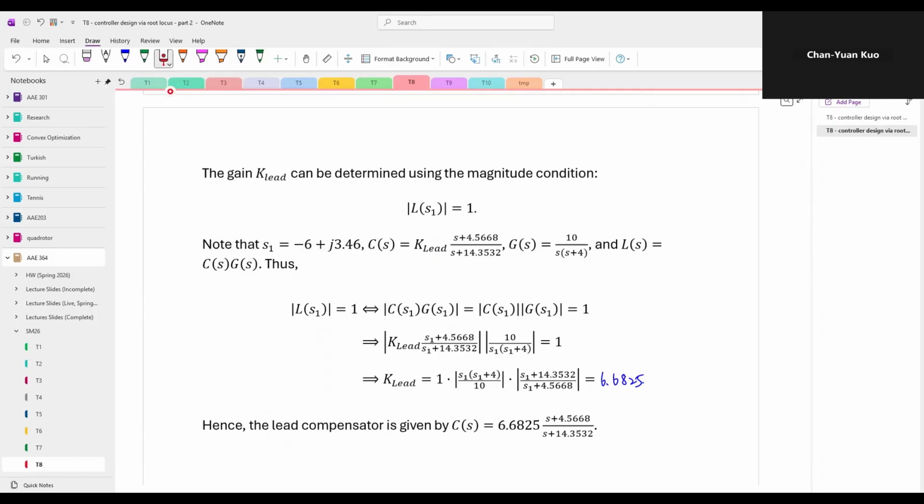Therefore, the lead compensator consists of a gain of 6.6825 and a zero at negative 4.5668 and a pole at negative 14.3532.